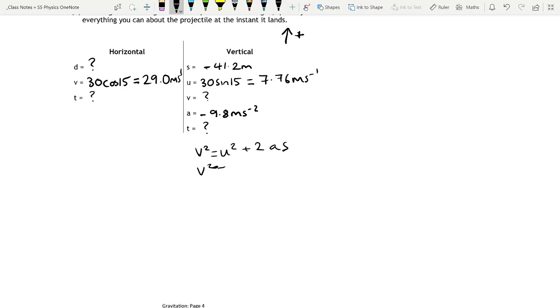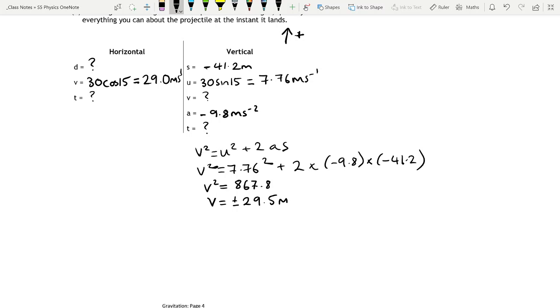So v squared is 7.76 squared plus 2 times minus 9.8 times minus 41.2. So v squared comes to 867.8, blah, blah, blah. So v, you leave that in your calculator, just square root it. v comes to plus or minus 29.5 meters per second.